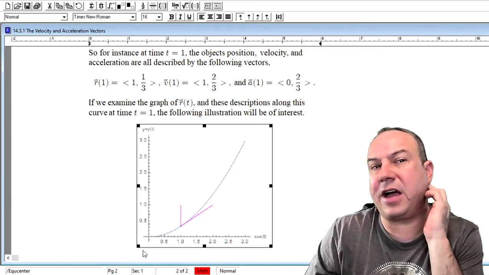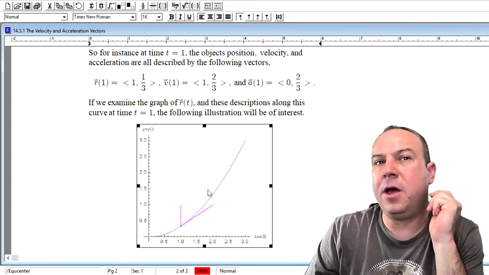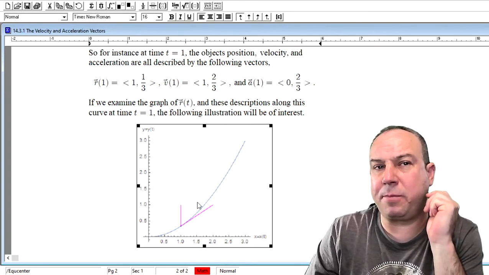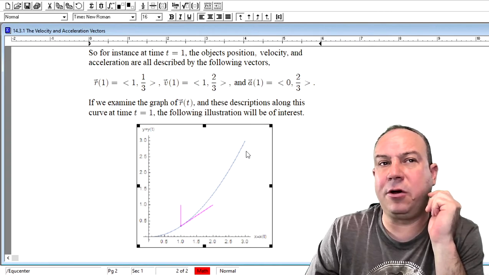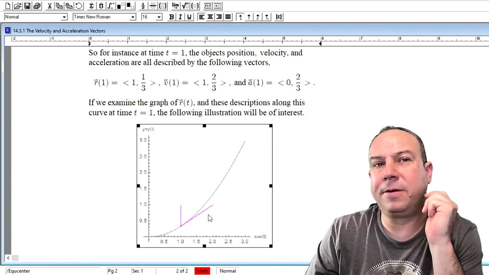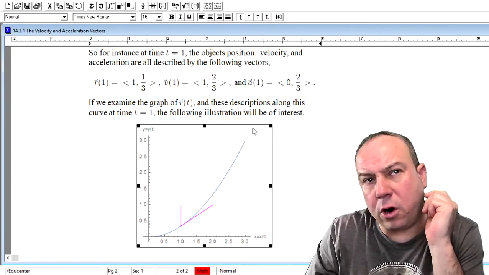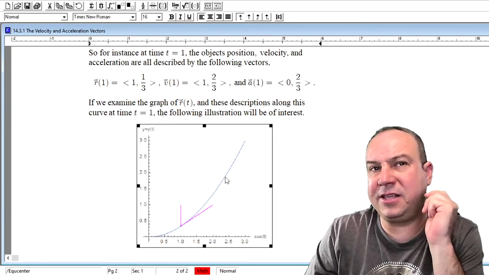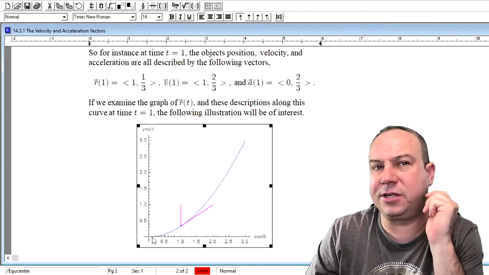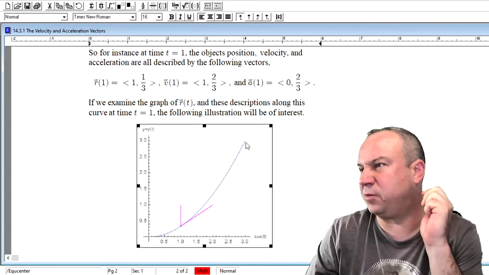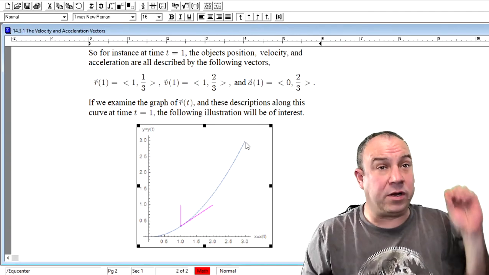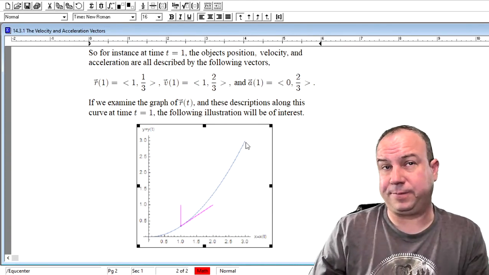This is the vector-valued function r bar of t, this blue curve, this portion of the parabola starting here at the origin and continuing up to this coordinate 3 comma 3. We are moving forward along that curve in this positive orientation, starting at 0, 0 and ending at the point 3 comma 3 when time t is equal to 3.